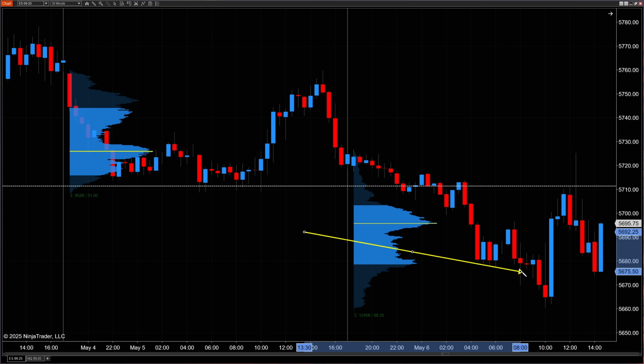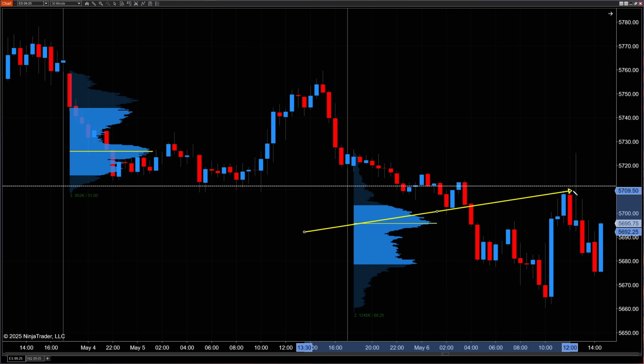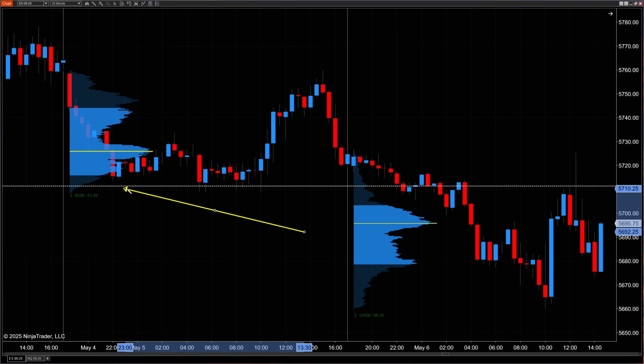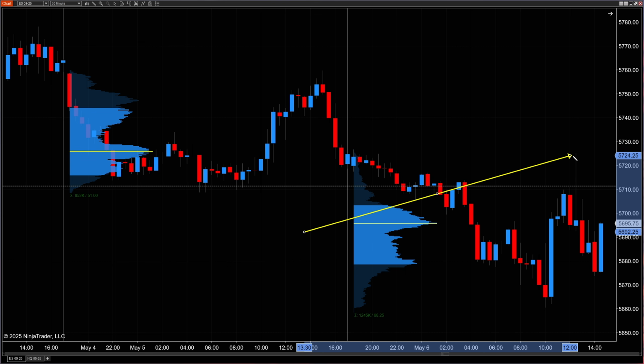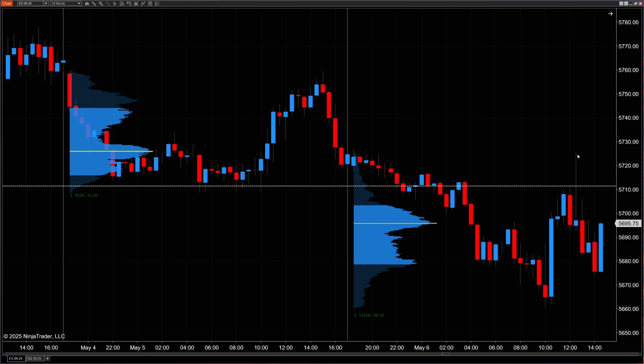Now, if you're able to identify a B-shaped profile as it's being formed, you can also trade this on an intraday basis. However, notice what happens here right around 12:30. We once again go back up and try to challenge that distribution area of the profile. And if we look, could we have maybe got a target one out of this in that example?